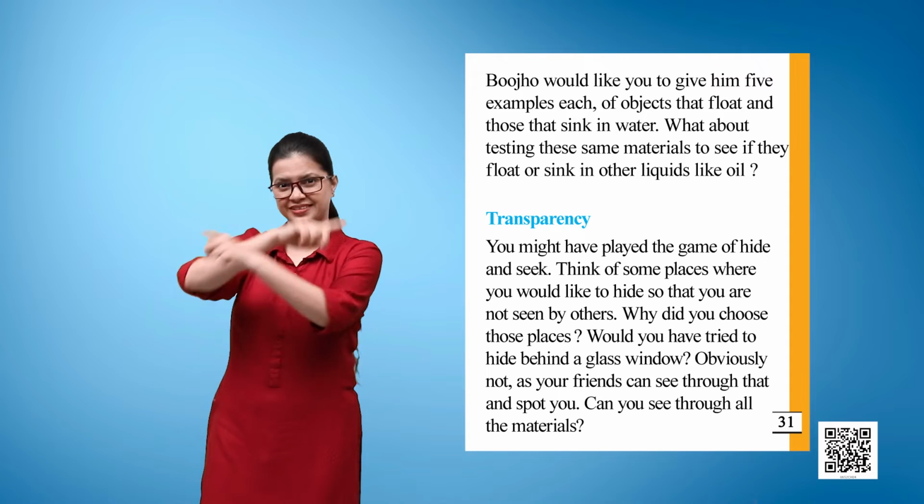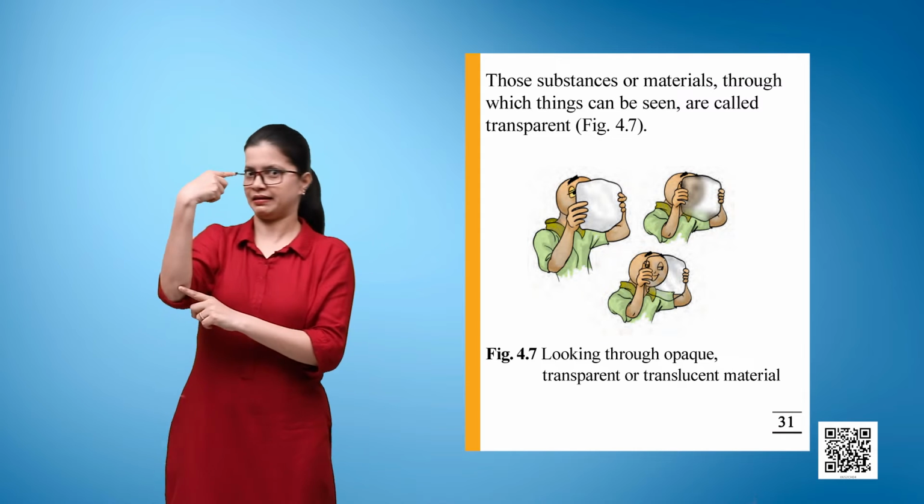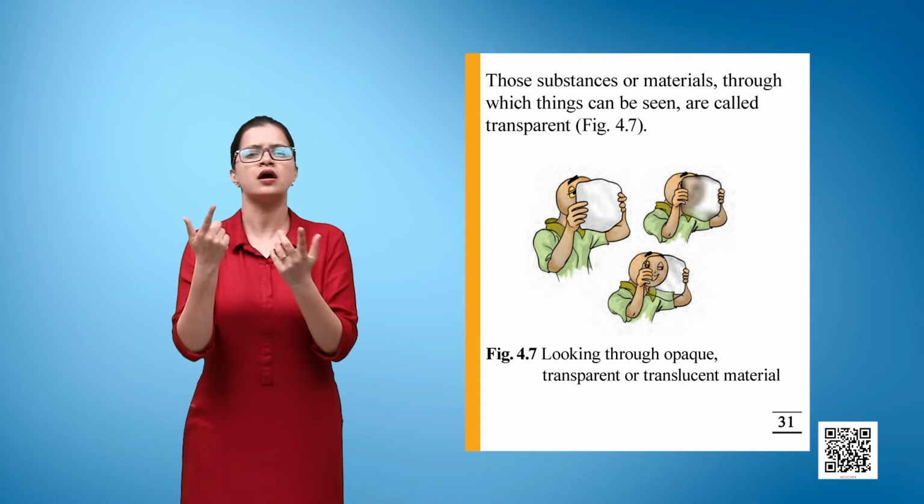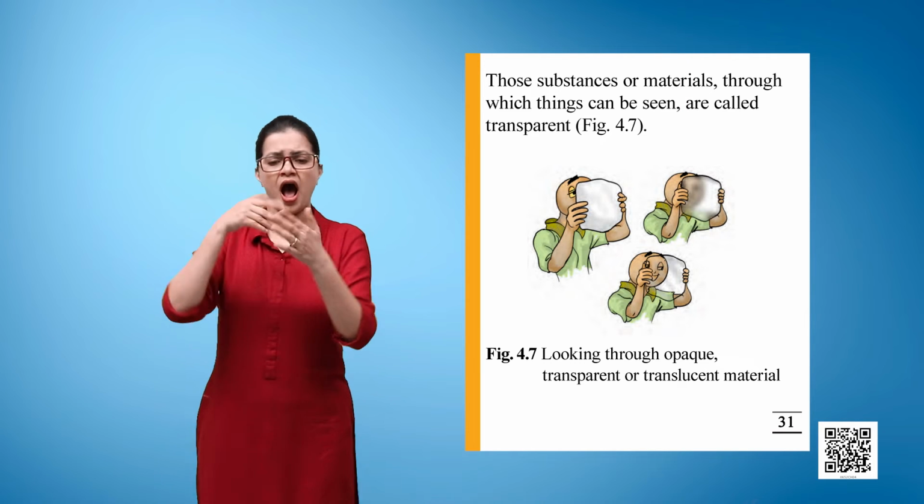Can you see through all the materials? Those substances or materials through which things can be seen are called transparent.